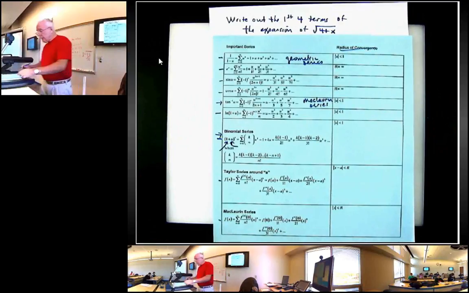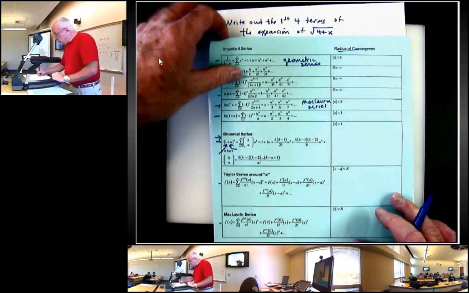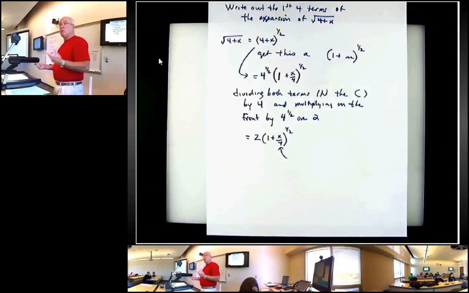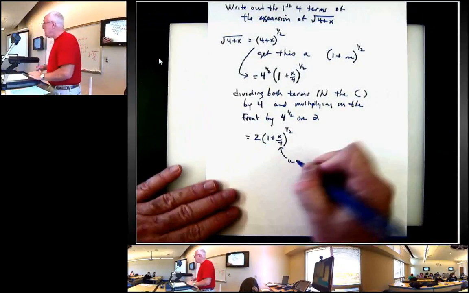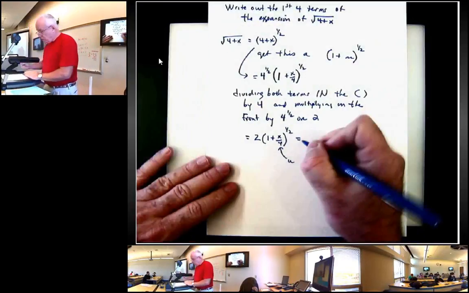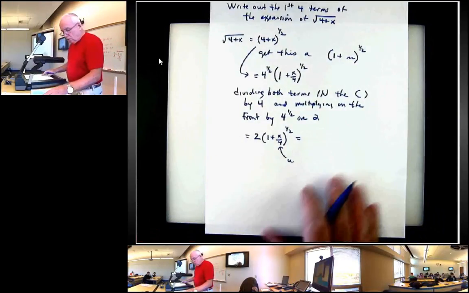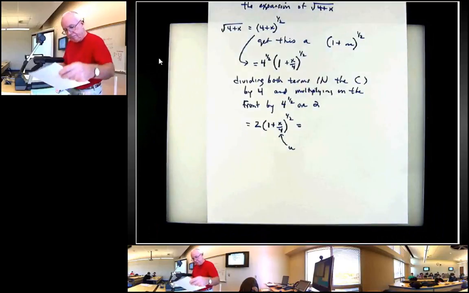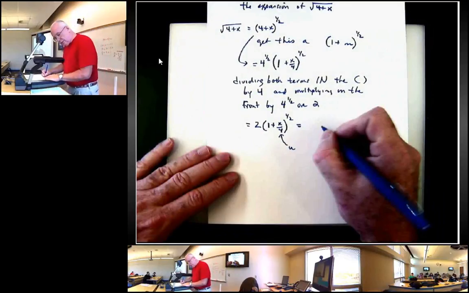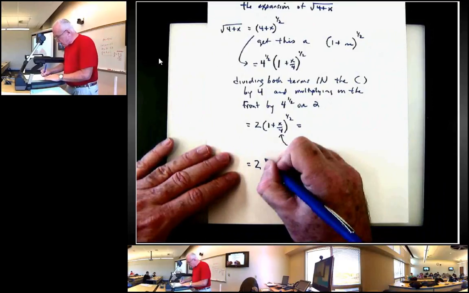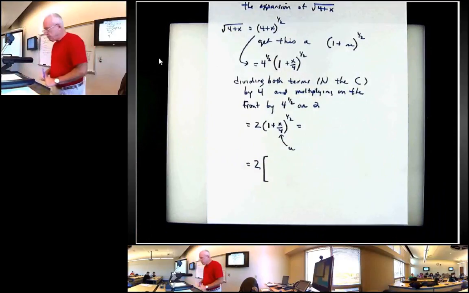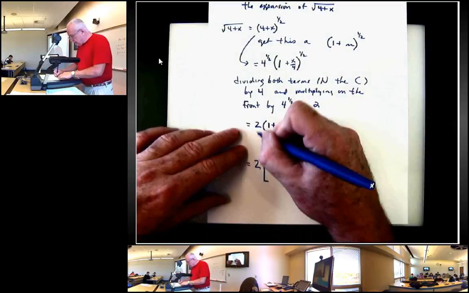So in this case, what this x over 4 right here is going to be our u, that I have in the formula. So this is going to come out to be, now don't drop the 2 that we have there. And so I keep the 2.